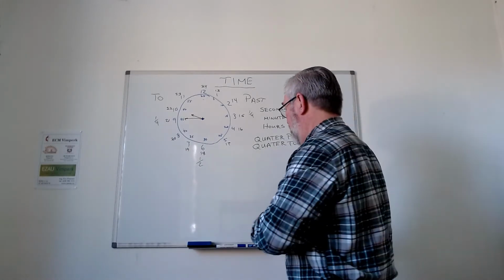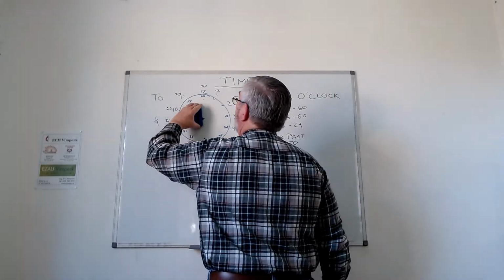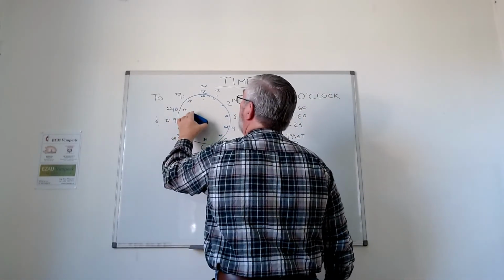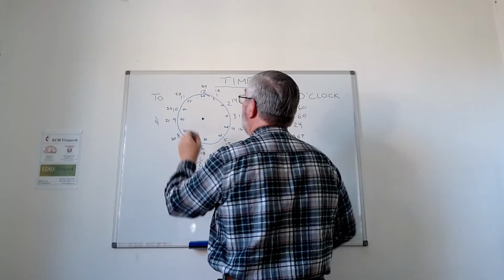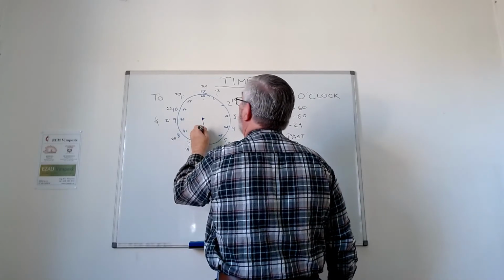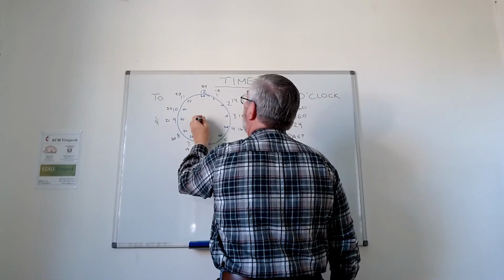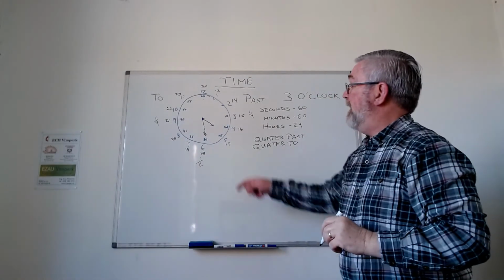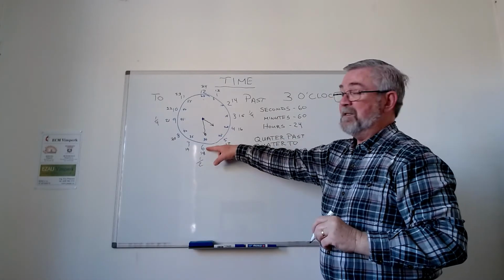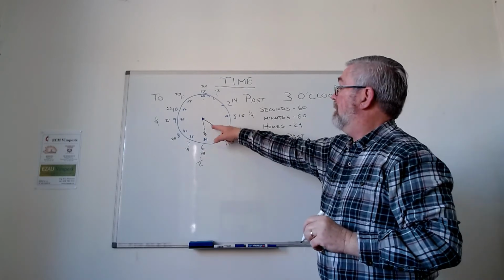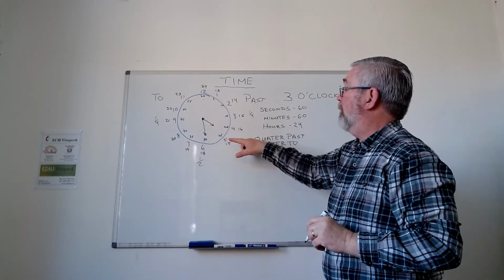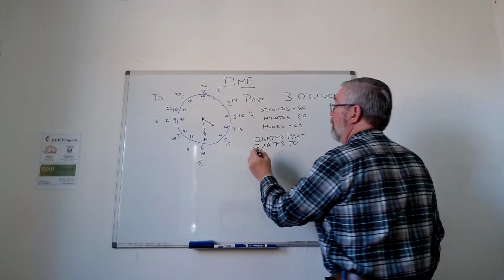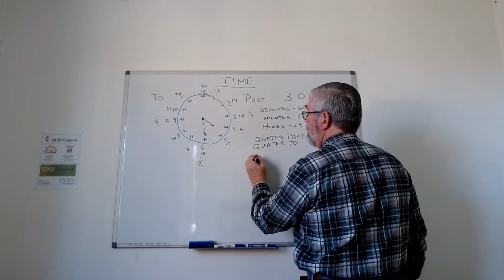Now, how about when the big hand is on the 6. The little hand is between the 4 and the 5. We would say this is half.